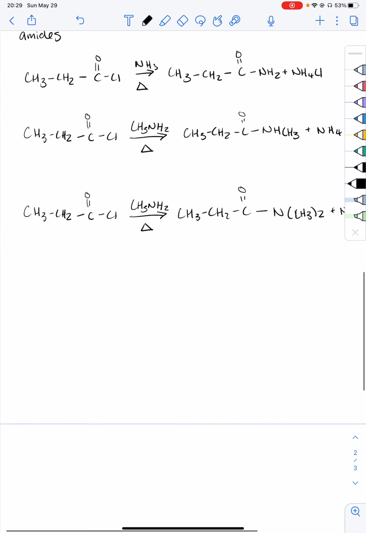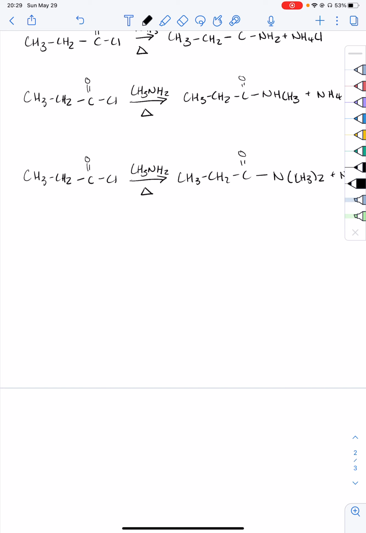And you can already see a pattern forming, which is going to undergo a reaction with ammonia and an ester to prepare a primary amide.